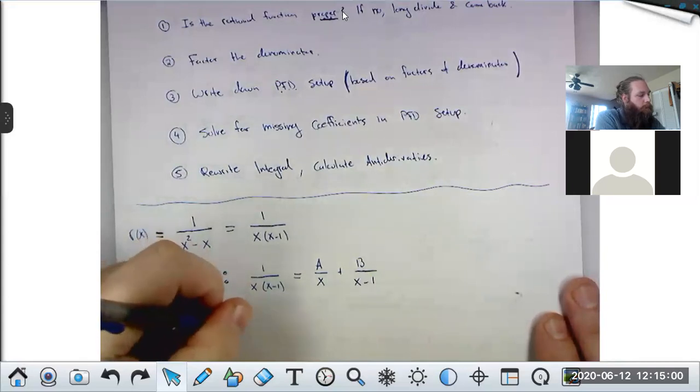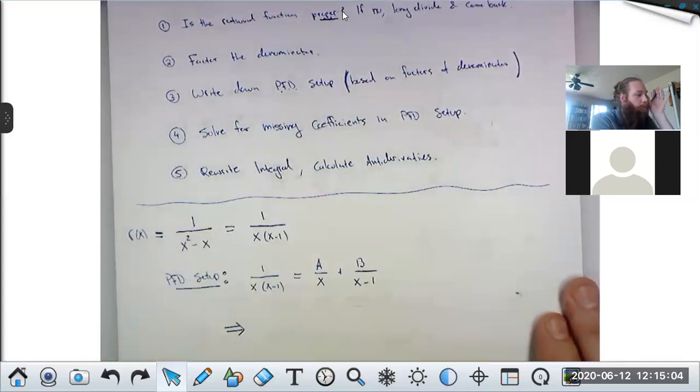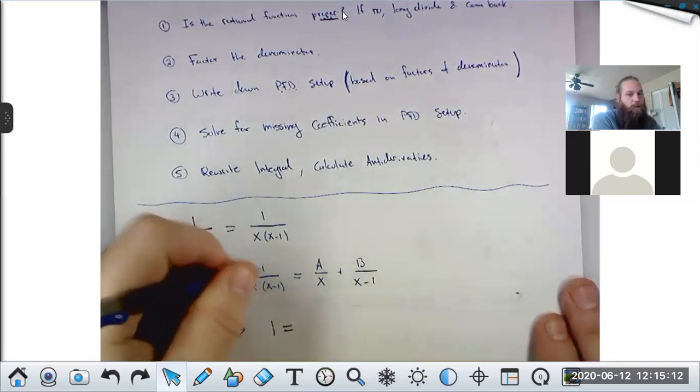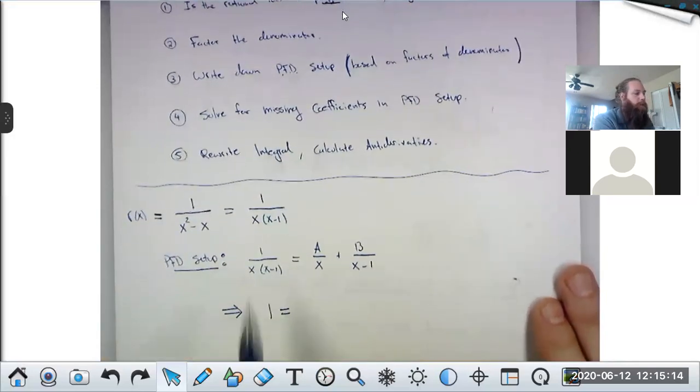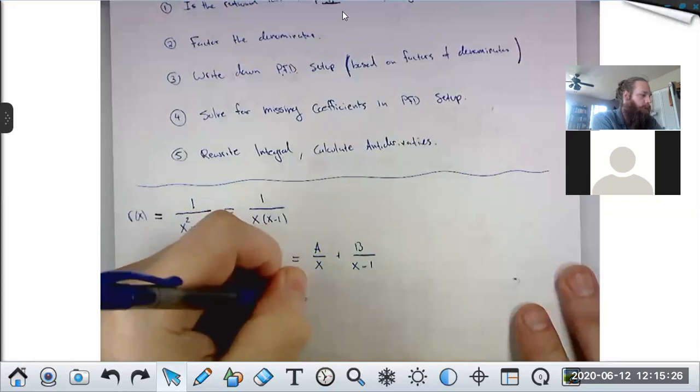From here, I clear out the denominators. So I multiply both sides by x times x minus 1. On the left-hand side, I just get 1, because that's the numerator here. So when I multiply by the denominator x times x minus 1, that cancels perfectly, and I'm just left with 1. My right-hand side, if I multiply by x times x minus 1, I'll write it all out.